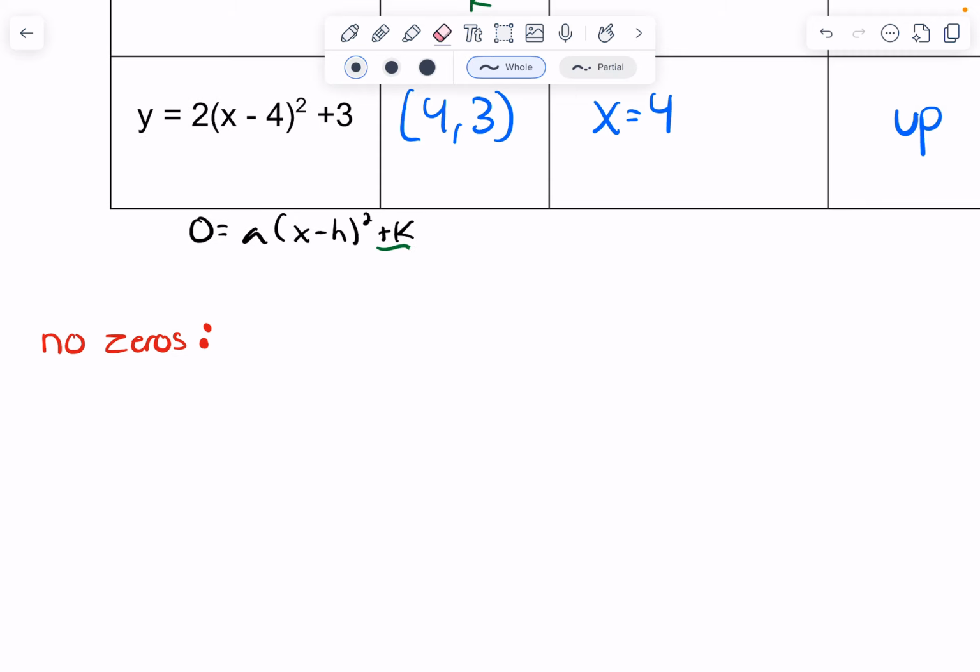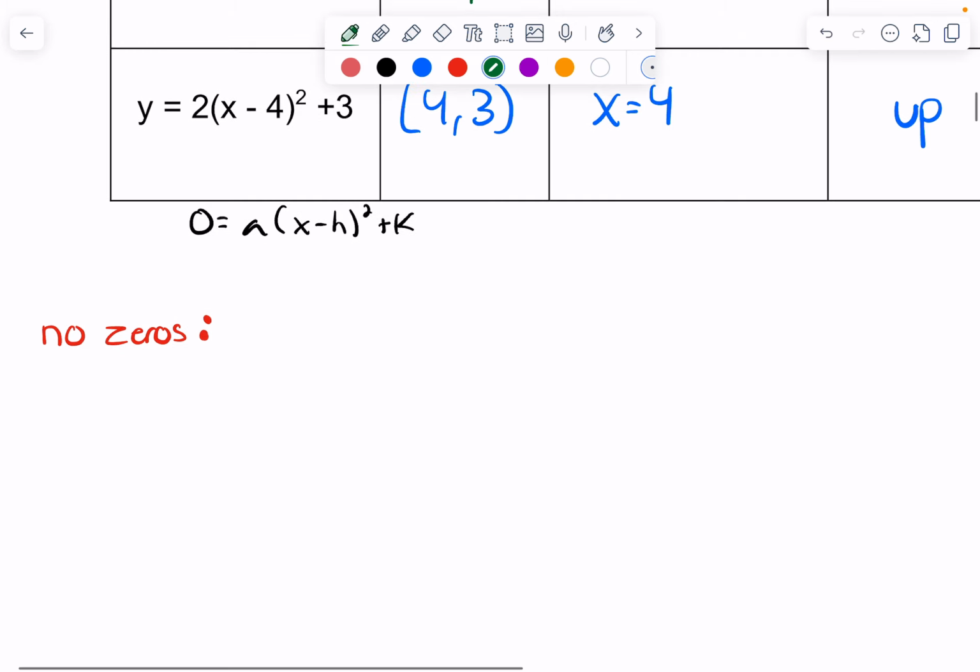So you get negative k equals a(x minus h) squared. And then the second step was always bringing the a over, so you divide both sides by a. So you get negative k over a equals (x minus h) squared. Okay, and that will always be the case.